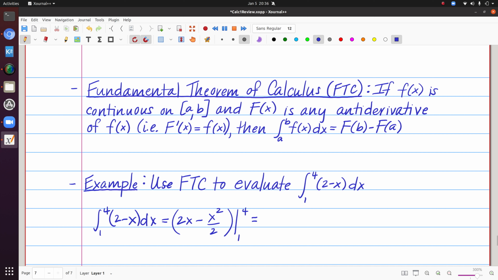In doing so, we're going to get 2 times 4, which is 8, minus 4 squared over 2, which is 16 over 2. Then we will subtract, when we plug in 1, 2 minus 1/2.